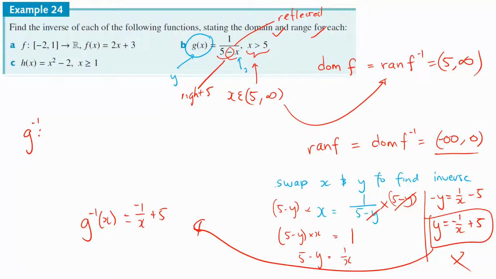So my domain of my inverse, which I found over here, is negative infinity to 0. So I'd go negative infinity to 0, or you can do R negative, that's the same thing. That maps onto your codomain, which is R, all real numbers, comma, g inverse of x equals negative 1 on x plus 5. That is your proper way of writing it next year.